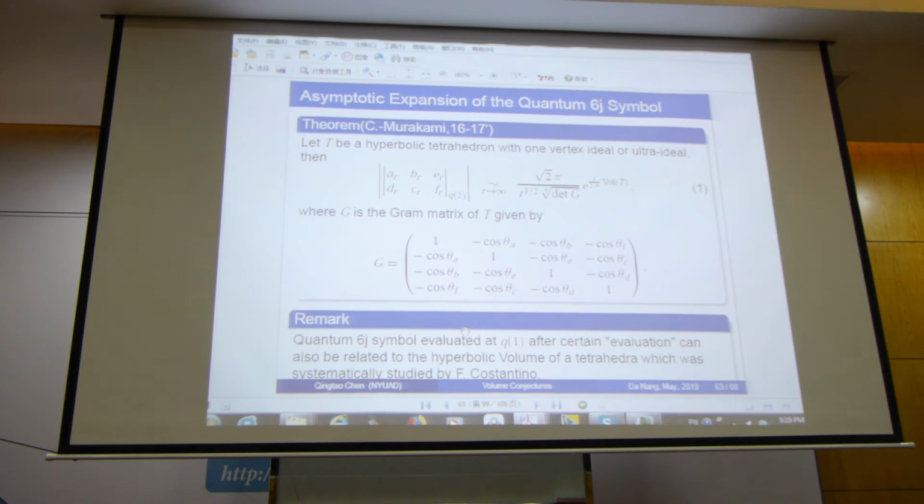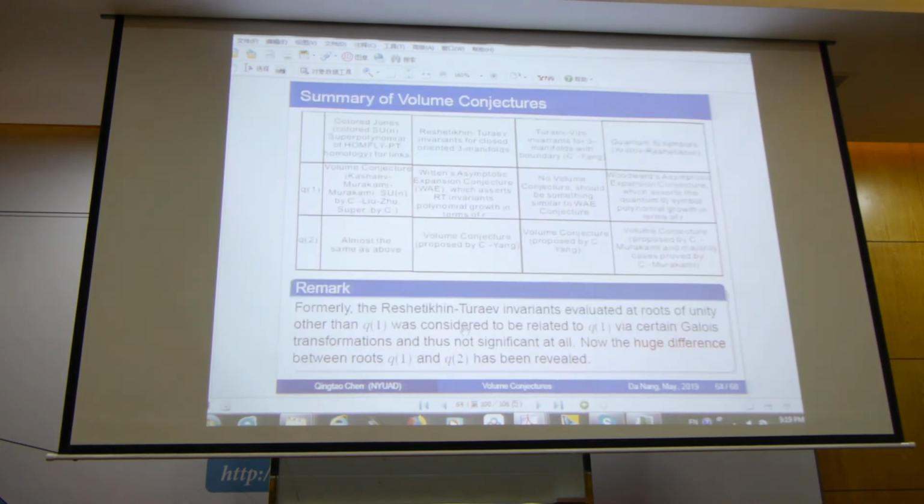How about the behavior of the third term, fourth term, fifth term, and those small terms? Actually, they are all identical to each other. If we change the sign of one dihedral angle from positive to negative or from negative to positive, then the asymptotic expansion is exactly the same. So this is our new conjecture.